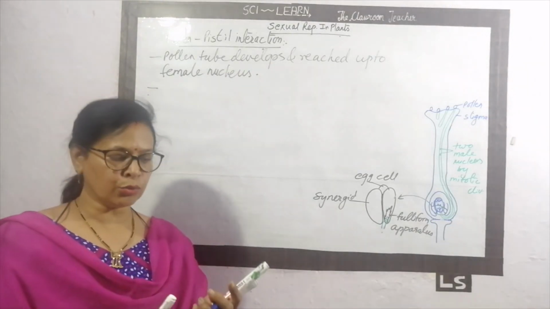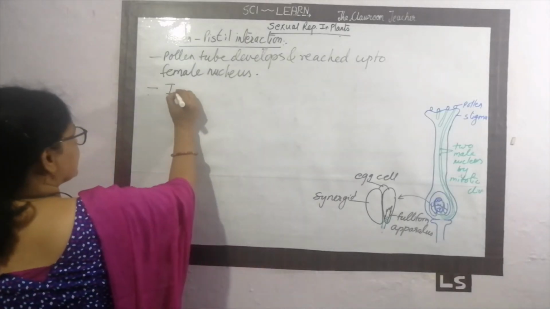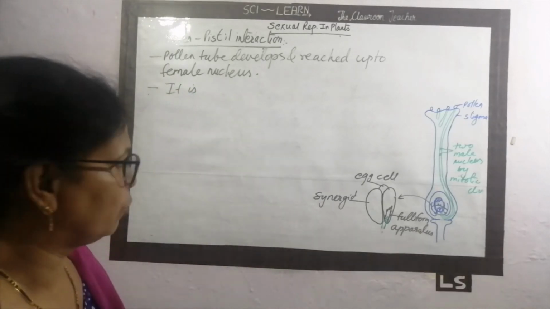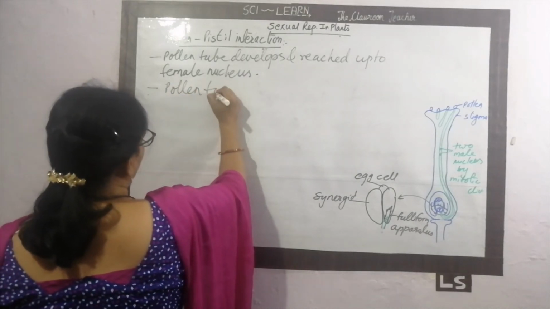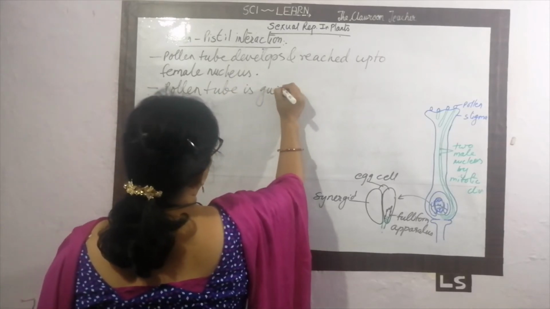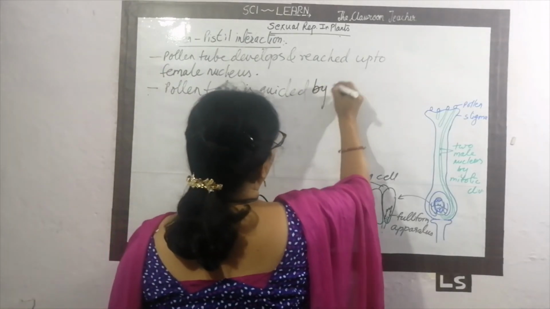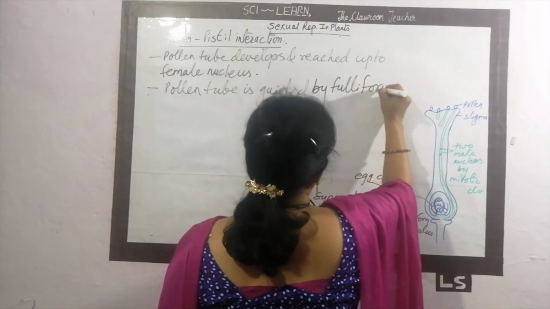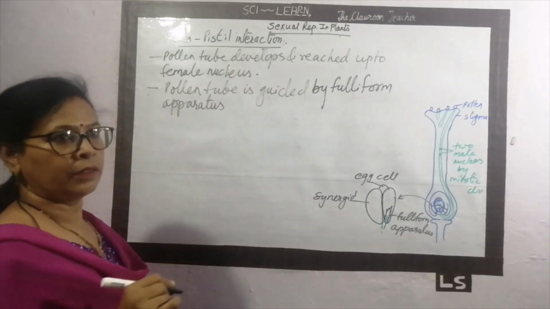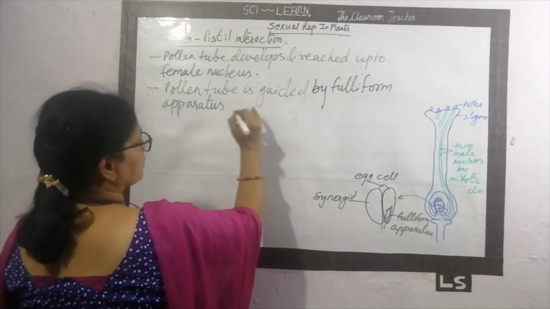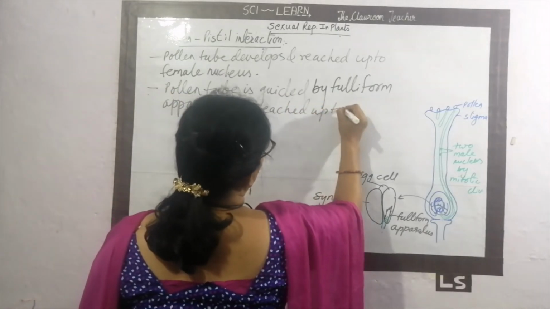When it reaches the female nucleus, it is guided by the filiform apparatus. The pollen tube is guided by the filiform apparatus present in the synergid to reach up to the female nucleus.